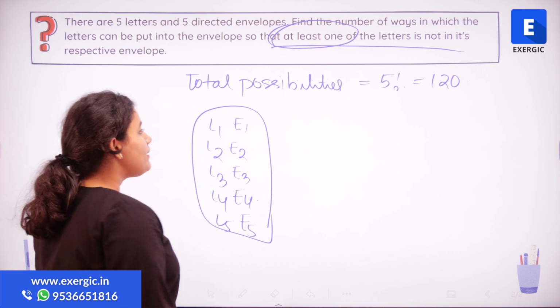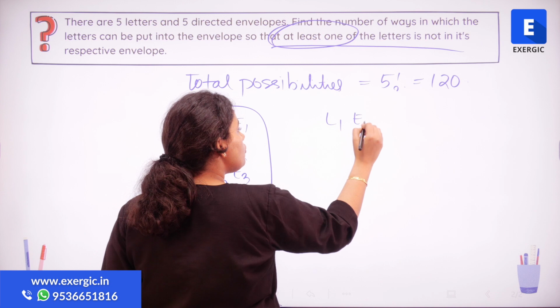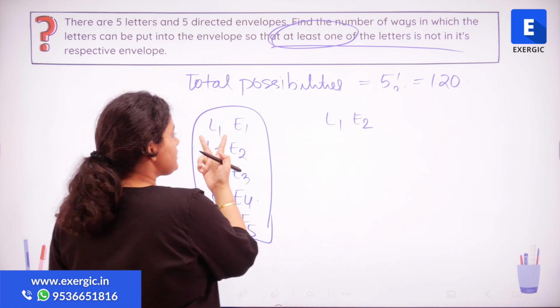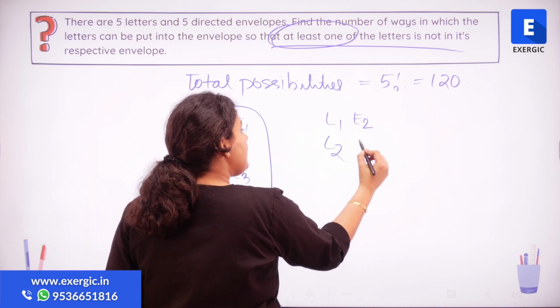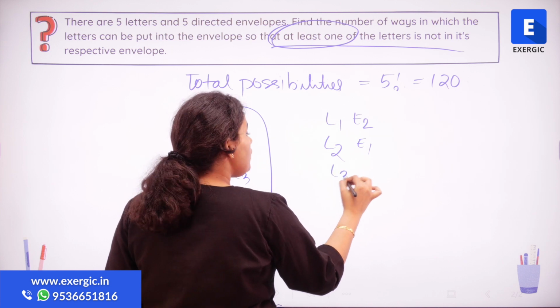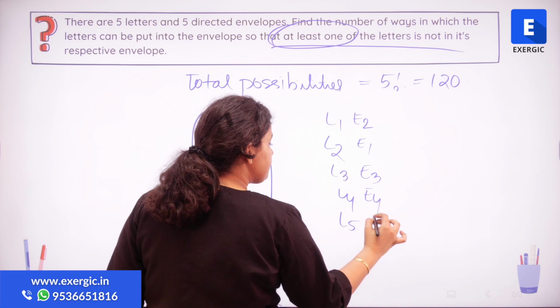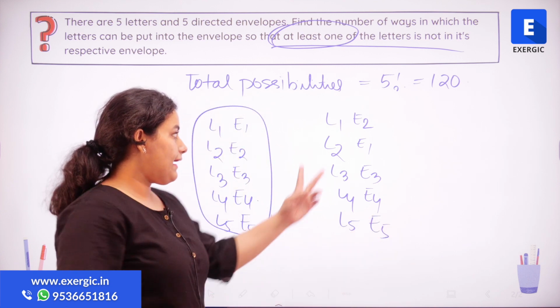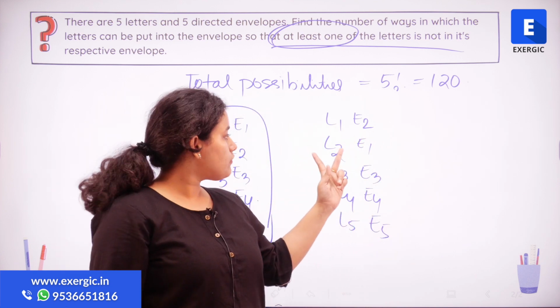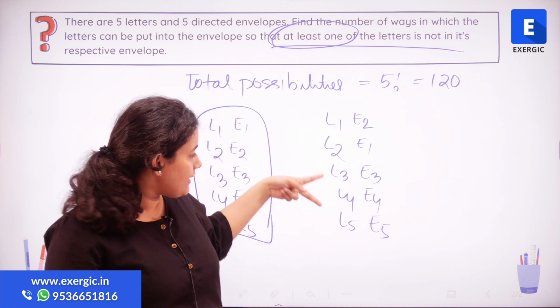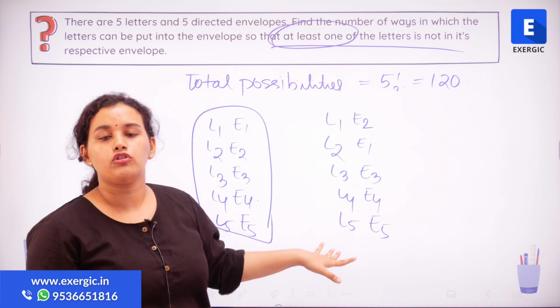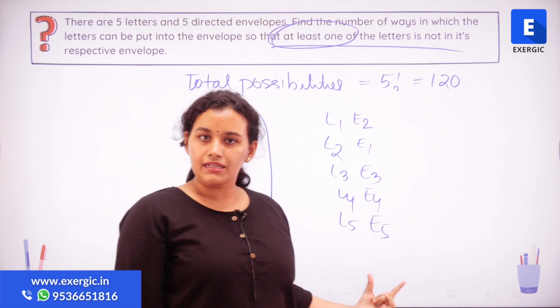The moment any one of them does not go to its respective envelope, suppose L1 goes to E2 and L2 goes to E1, and all the rest are going to their respective envelopes, right? L1 does not go to its respective envelope and L2 doesn't go, but L3, L4, L5 go to their respective envelopes.